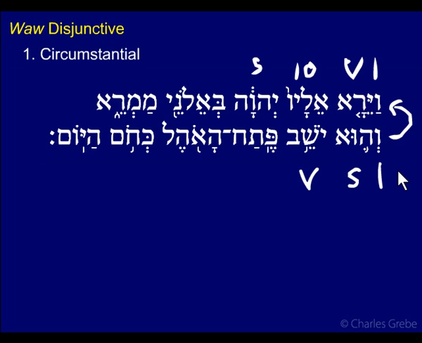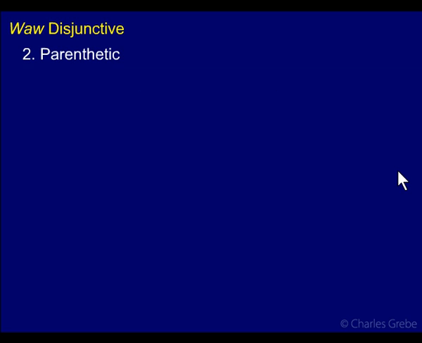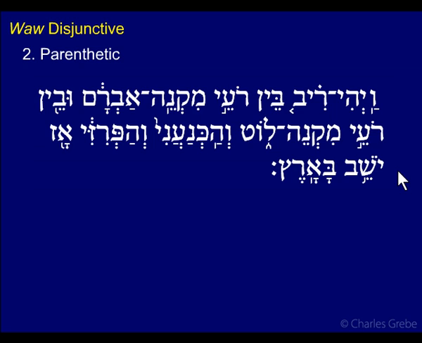Now, the second function of Waw disjunctive is the parenthetic, to give parenthetic information. Now, this really is rather similar, I think, especially the example that we have here, rather similar to the circumstantial. It's not that different. But let me read this first. This is Genesis 13, verse 7.